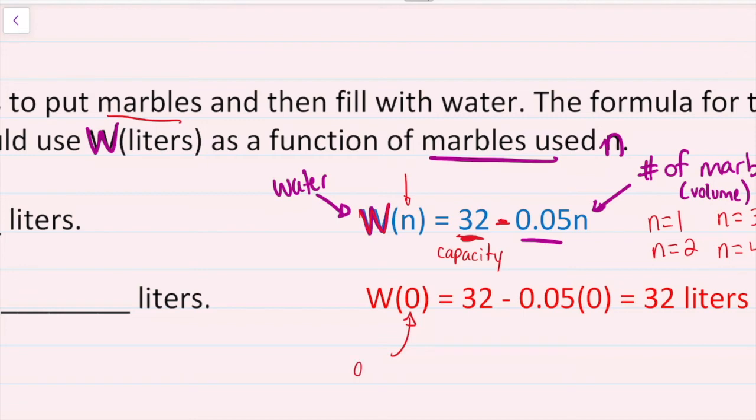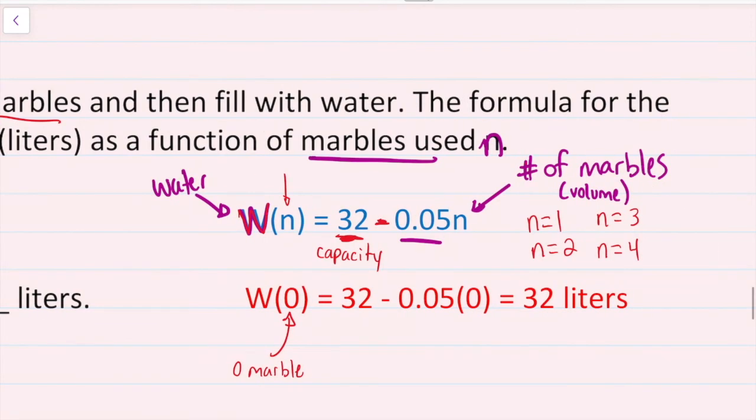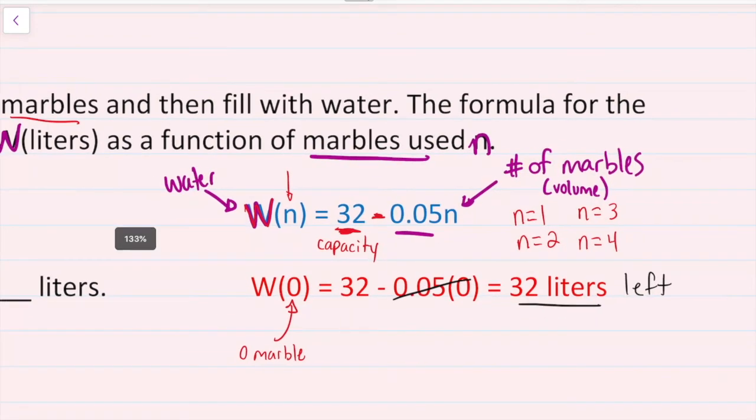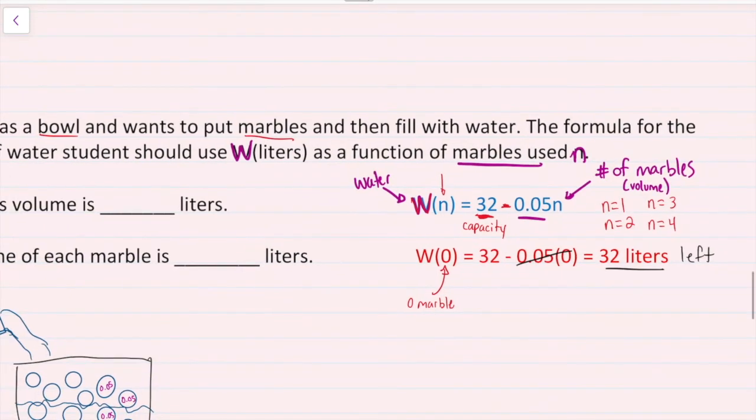So if you put 0 marbles, would it make sense that 0.05 times 0 canceled? So there's 32 liters left in the bowl, which is why the water would take up all that space. So if you filled all of it with water, that will be 32 liters the water can take, because there's no marbles.